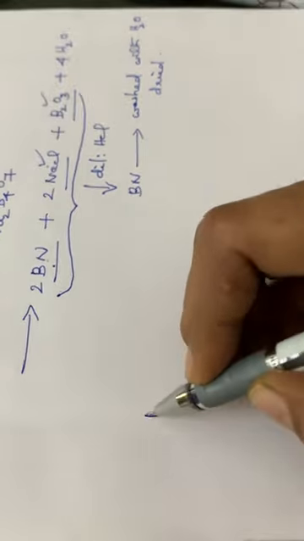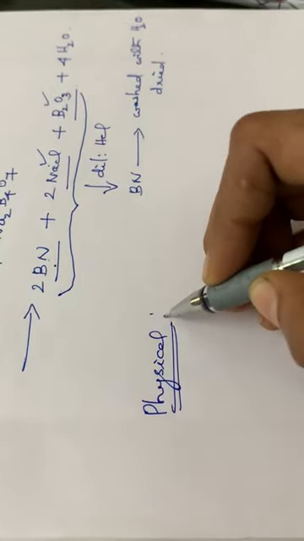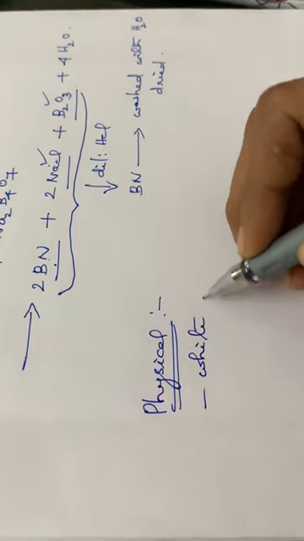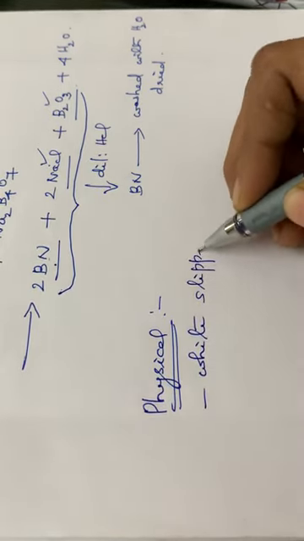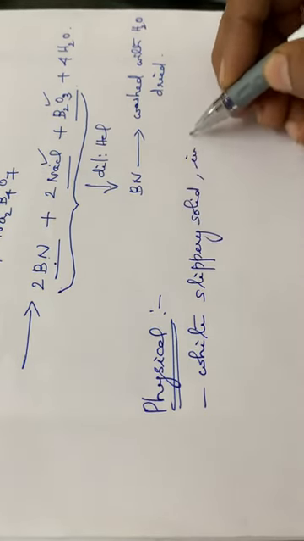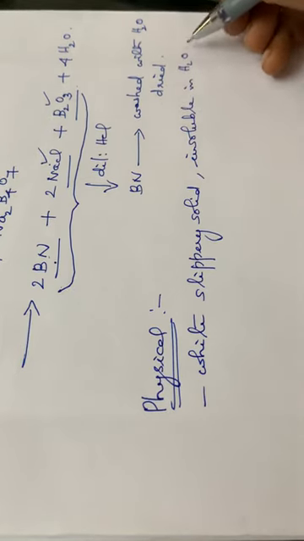Then the next is going through the physical properties of boron nitride. See, it is a white slippery solid, insoluble in water.